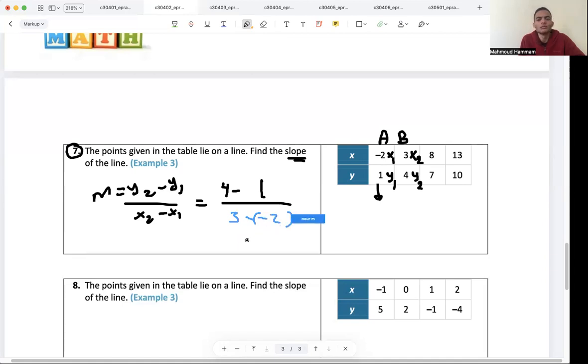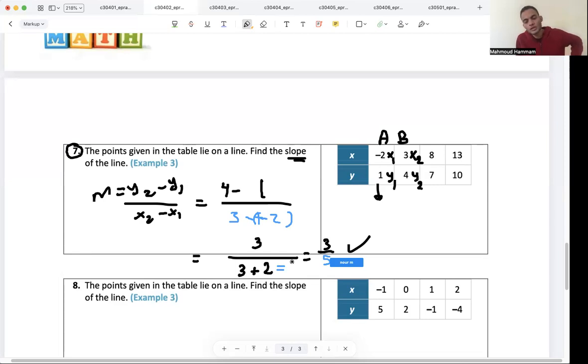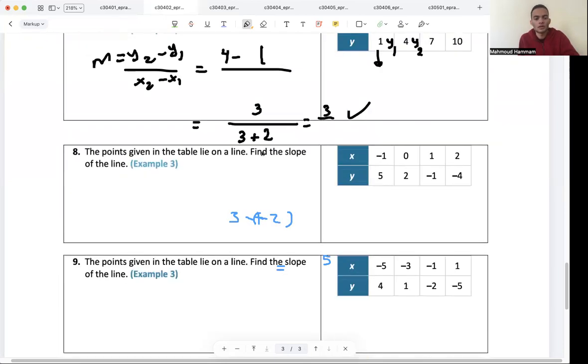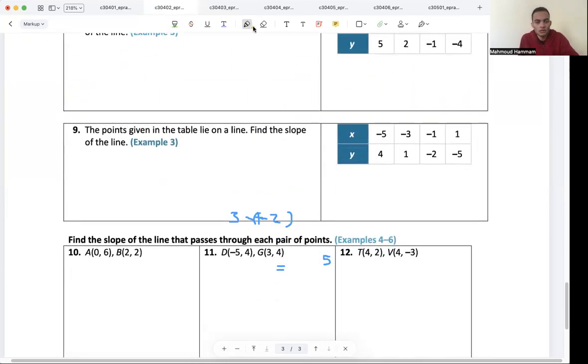So it is equal to 4 minus 1 is 3, over 3 minus -2, which becomes plus 2, so 3 over 5. So this is my slope. Questions? Anyone have a question? Right. Very good. We move now.